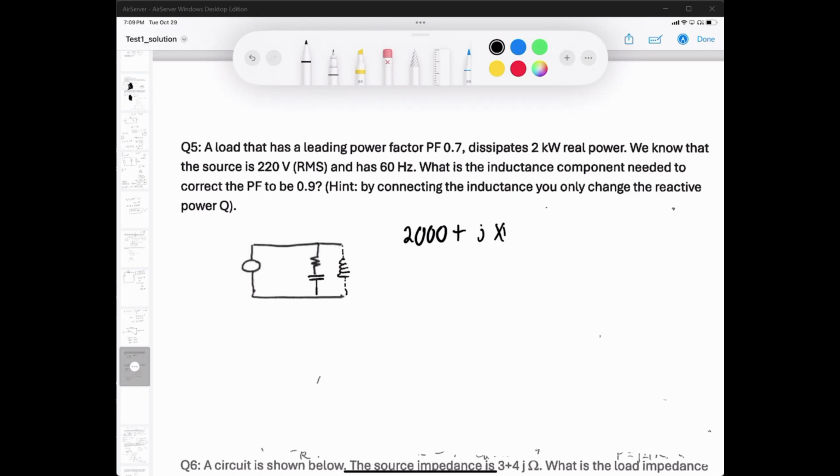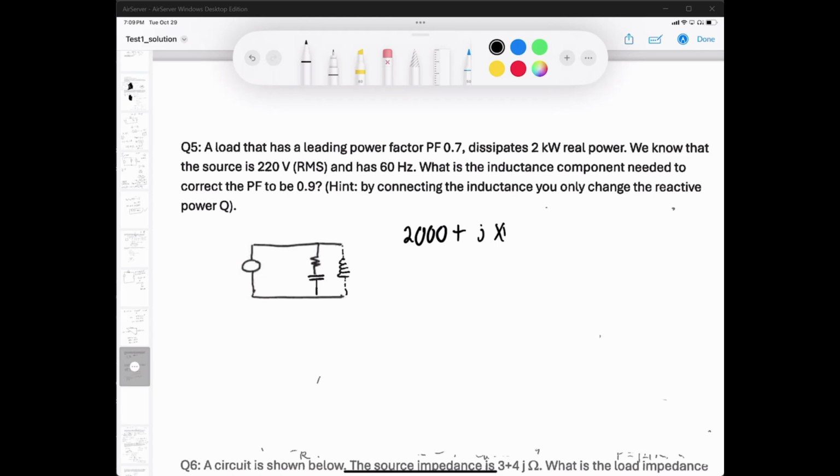Well, we know that the power factor, or the cosine of 0.7, the inverse cosine of 0.7.